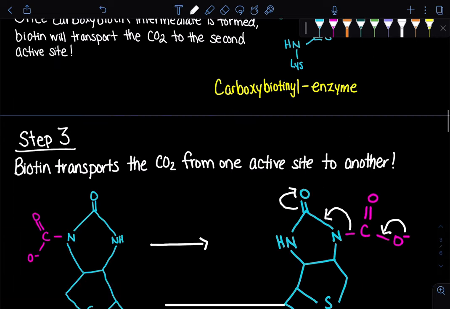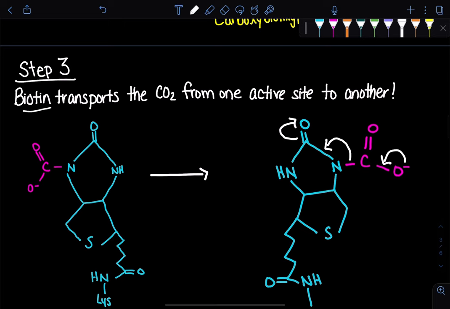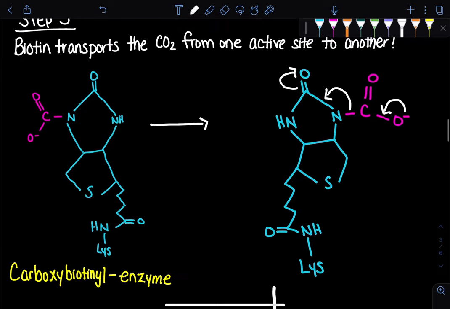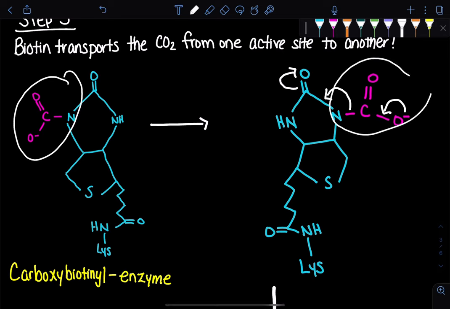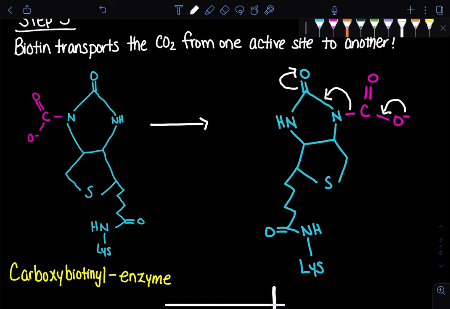So over here, biotin transports the CO2 from one active site to another, and then we can see the reaction happening right over here. We had the CO2 on this side, now it's on this side. So essentially it moved from active site 1 to active site 2.